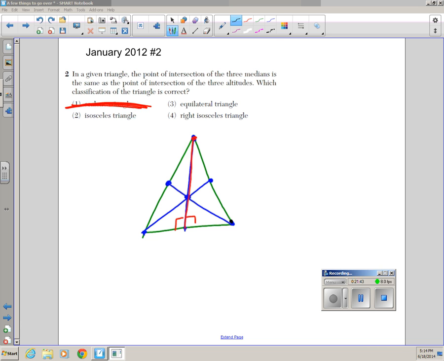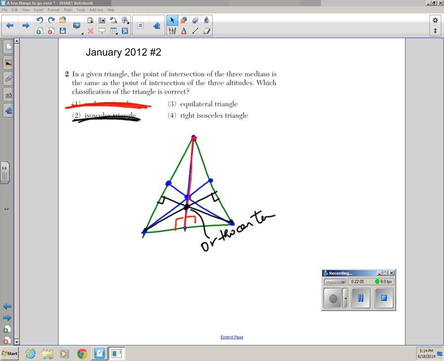If I'm trying to draw something that's perpendicular, I'm going to have to draw it a little lower, believe it or not, to get a perfectly good right angle. So my orthocenter is here. So this doesn't work in an isosceles triangle.